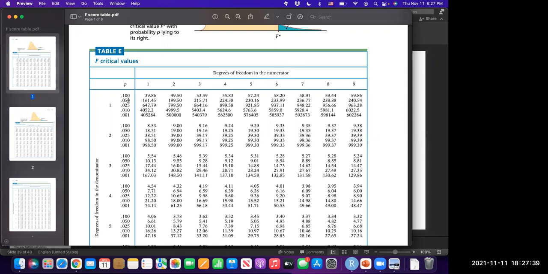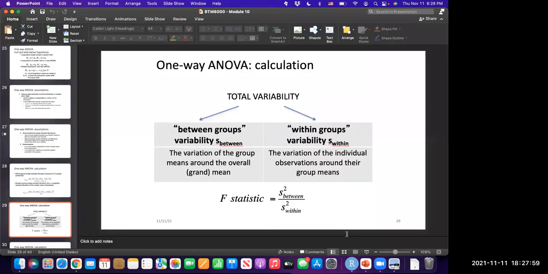So you will read the critical value here, and with the F statistic that you get from your ANOVA, you can now say whether your ANOVA is rejecting the null hypothesis or not. So, this being said, we have here an F statistic: the variance between divided by the variance within.